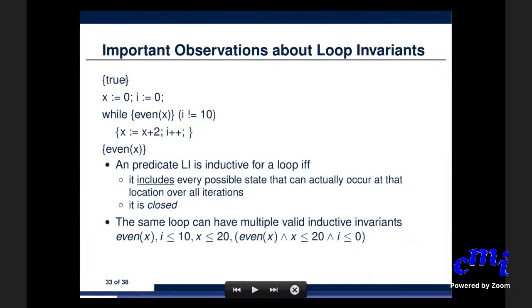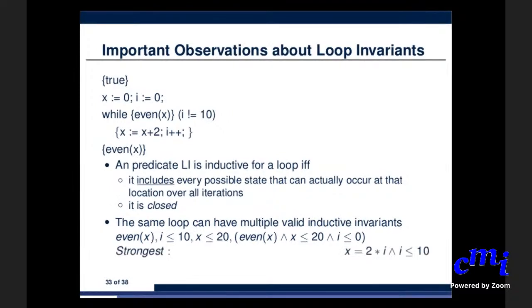Each of these is true when you get to this point, before you check the loop entry condition from the first time you get there, and after every time you execute the body of the loop, assuming the entry condition holds good. So that is the two checks that you will have to apply in order to check if it's a loop invariant or an inductive invariant. All these things are inductive invariants.